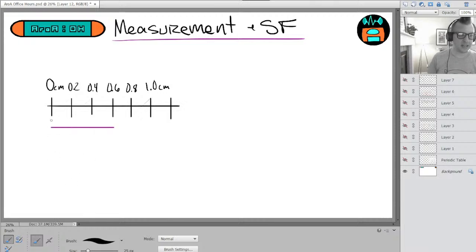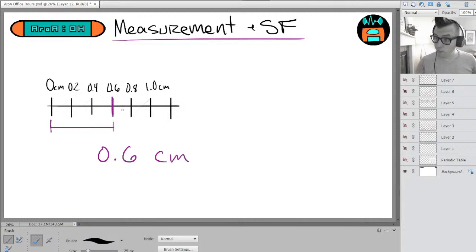And let's say that we're like, boom, spot on 0, that we end exactly at 0.6. You might be tempted to say that this string was 0.6 centimeters. And you can say, Josh, look, it's dead on 0.6. Like that's what it is.